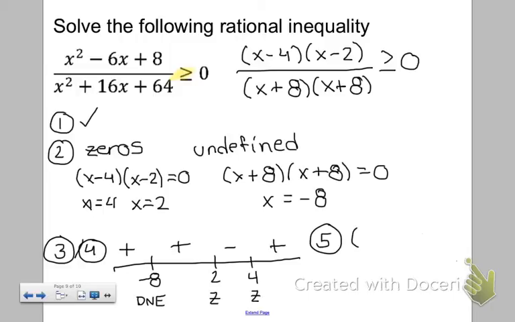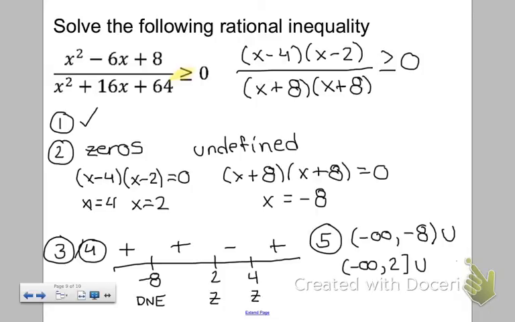So it starts at -infinity. It stays positive until -8 where it goes undefined. Since it's undefined, I've got to use a parenthesis. Union picks up on the other side of that -8, and it goes up until that value of 2. At 2, it is equal to 0, so I can use a bracket.